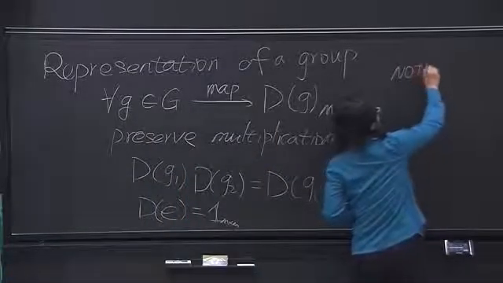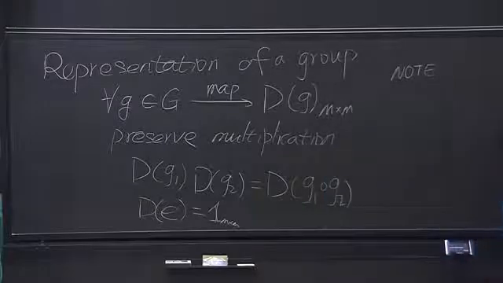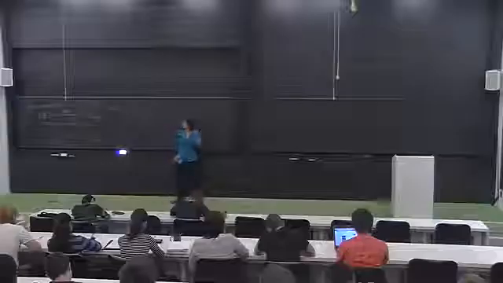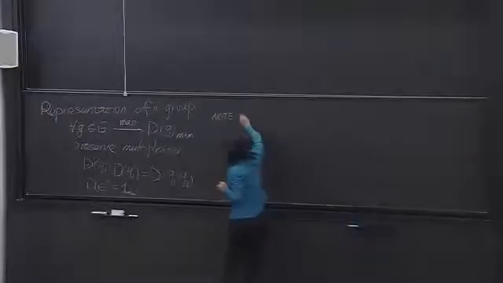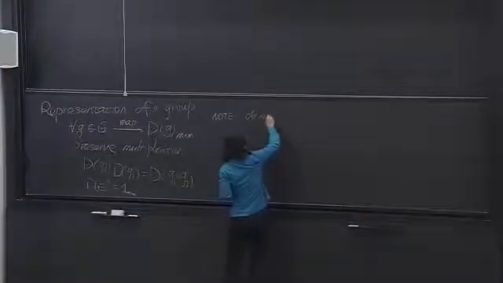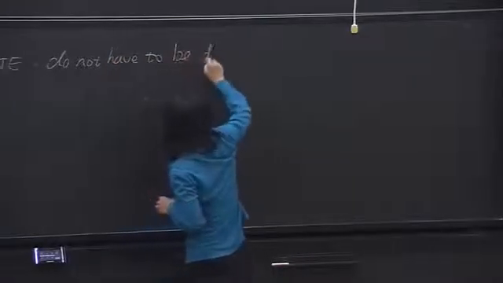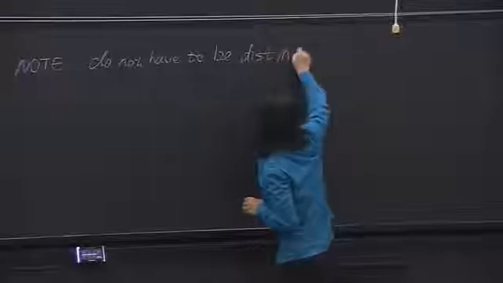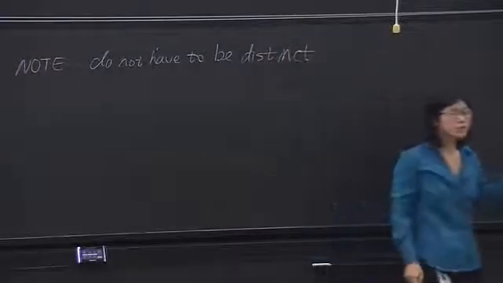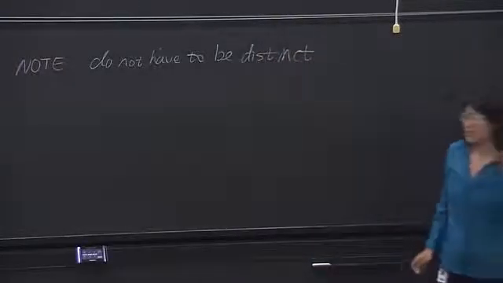So there's a note about this. Let's take a note. As I said, we just want to map group elements to matrices. They do not have to be distinct to become a representation. So I can totally choose the following choice.